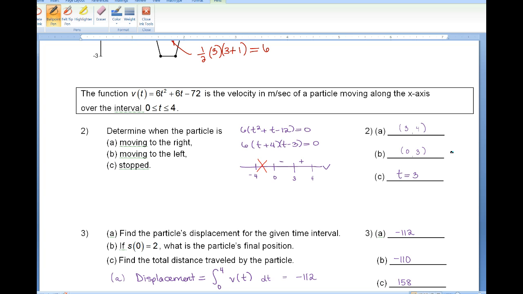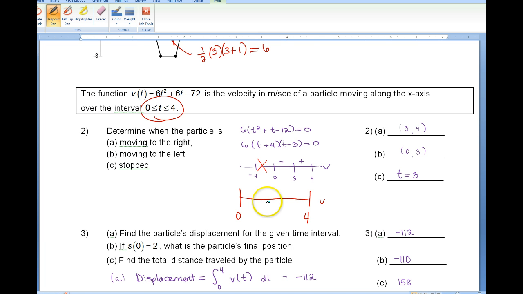I noticed that I could factor out a 6 and divide. We could just divide by 6, or we can leave it. It doesn't matter. And then we have t plus 4 times t minus 3. So we have t equals -4, which we don't count because time isn't negative. And t equals 3. So our interval goes from 0 to 4, because that's our interval.